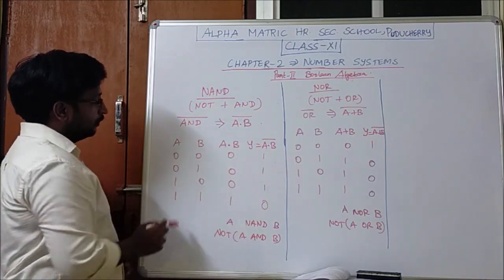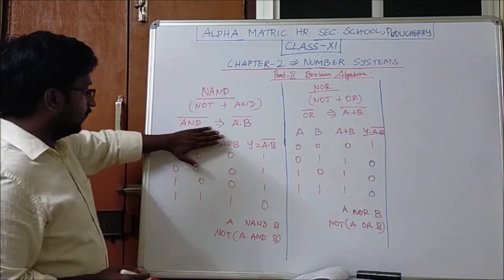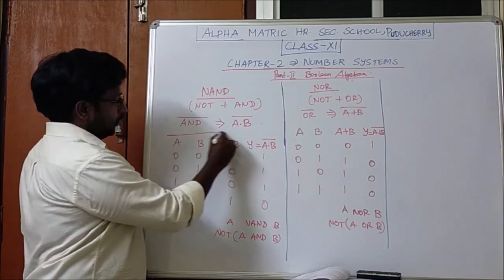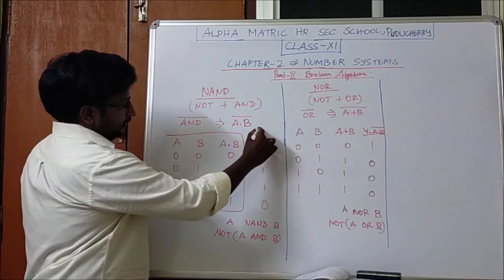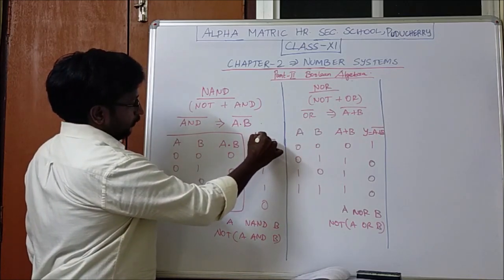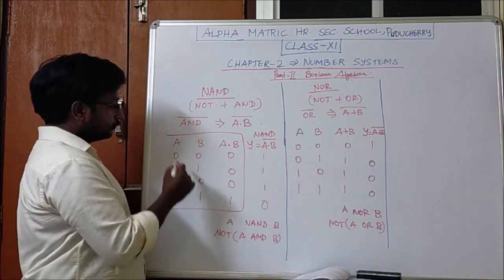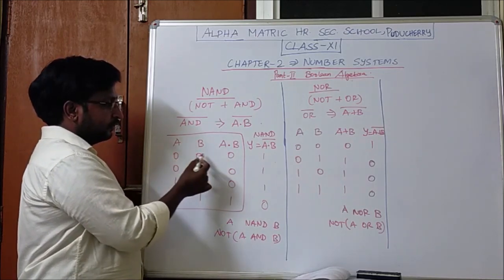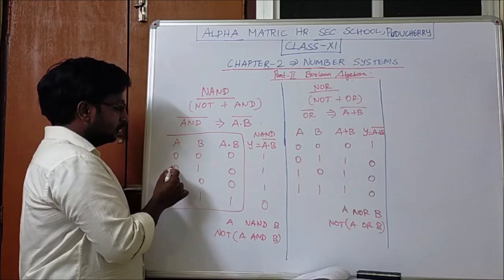So here is a truth table. Here we have found the AND operator. This part is for the AND operator, and this part is for the NAND operator, that is the inverse of what we have seen in the AND operator. Both inputs are false, so obviously the result is false.